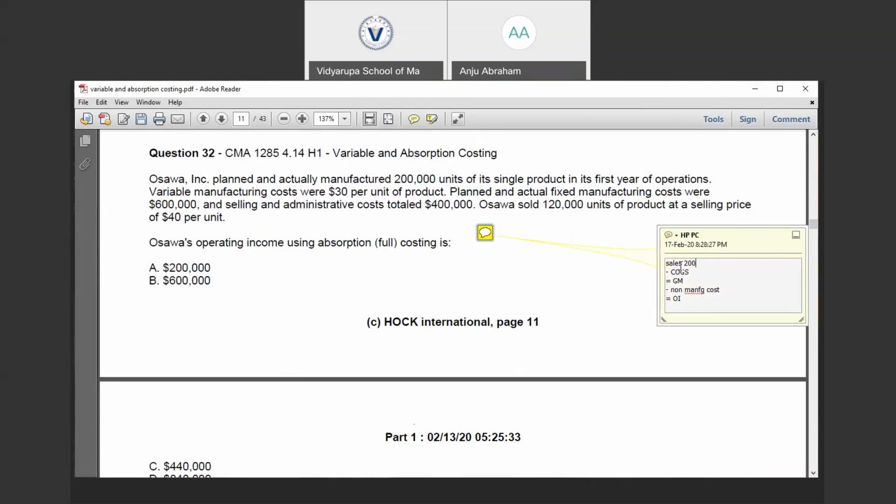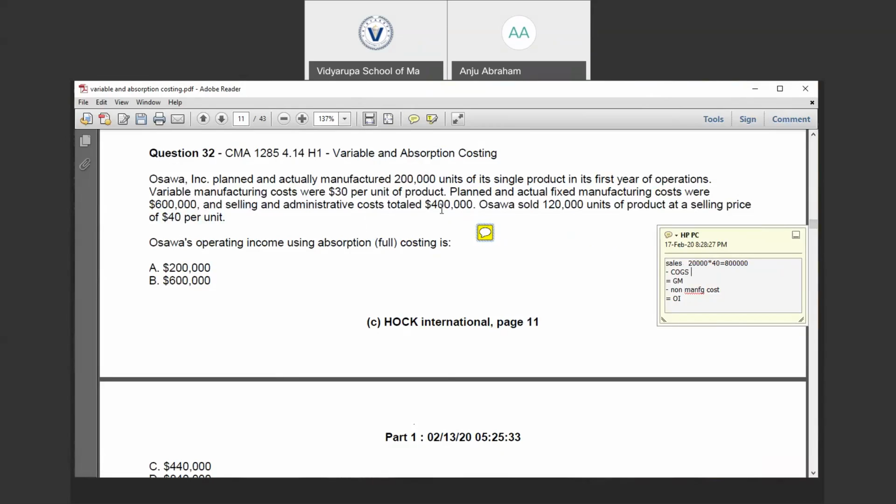Sales is 200,000 units into the selling price, which is 40. 200,000 into 40 becomes 800,000. And cost of goods sold equals both fixed and variable manufacturing overhead cost.